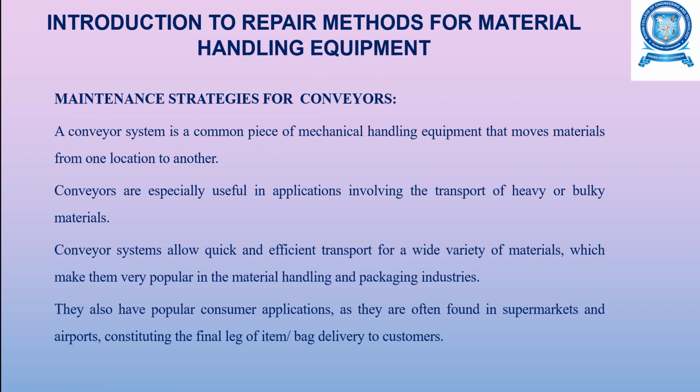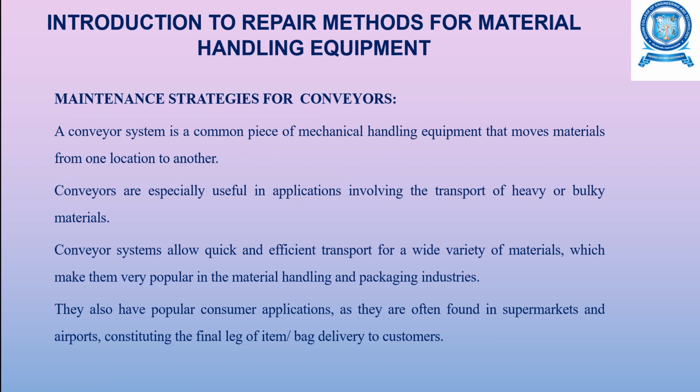So normally a conveyor is a common piece of mechanical handling equipment that moves materials from one location to another. And these conveyors are normally very useful in applications involving the transport of heavy or bulky materials.